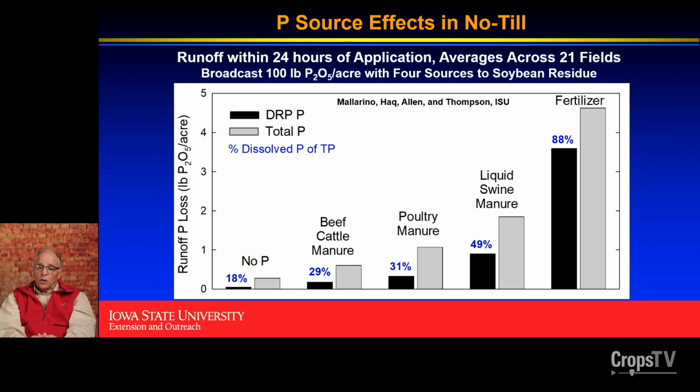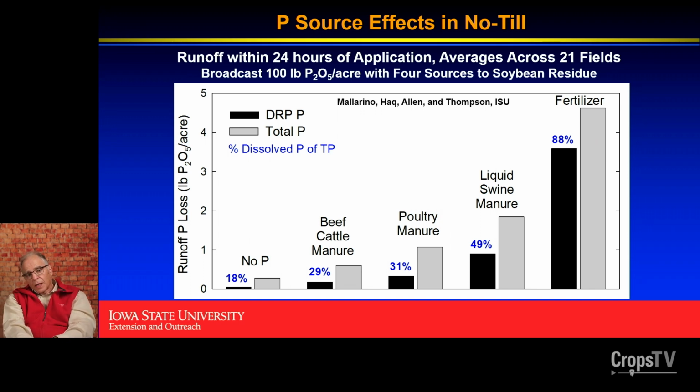So it is obvious that when we are applying fertilizer, we are getting the most losses. You apply fertilizer phosphorus, and you get a runoff event within 2-3 days of the application with sloping ground. The losses of phosphorus are huge. And then comes the liquid swine manure, and it's much less for beef cattle manure and poultry manure, okay?